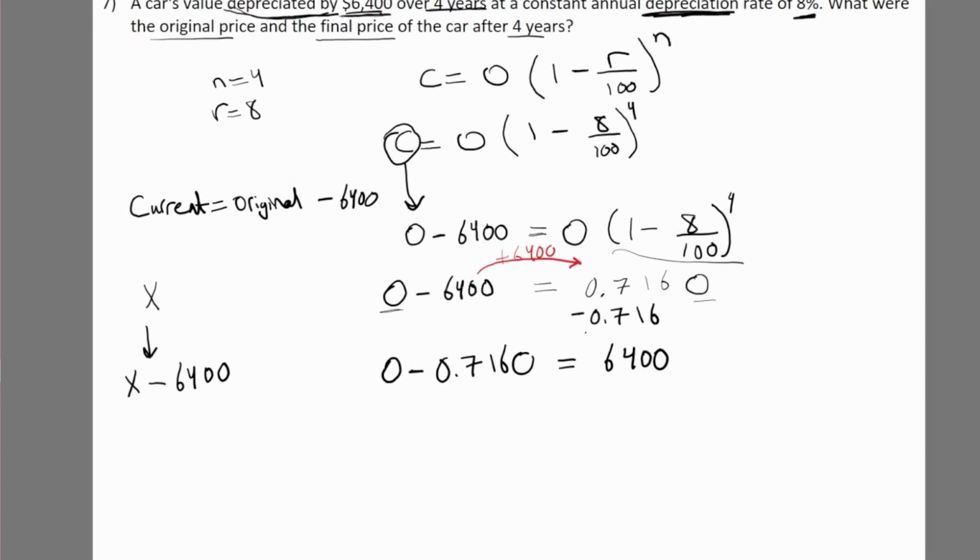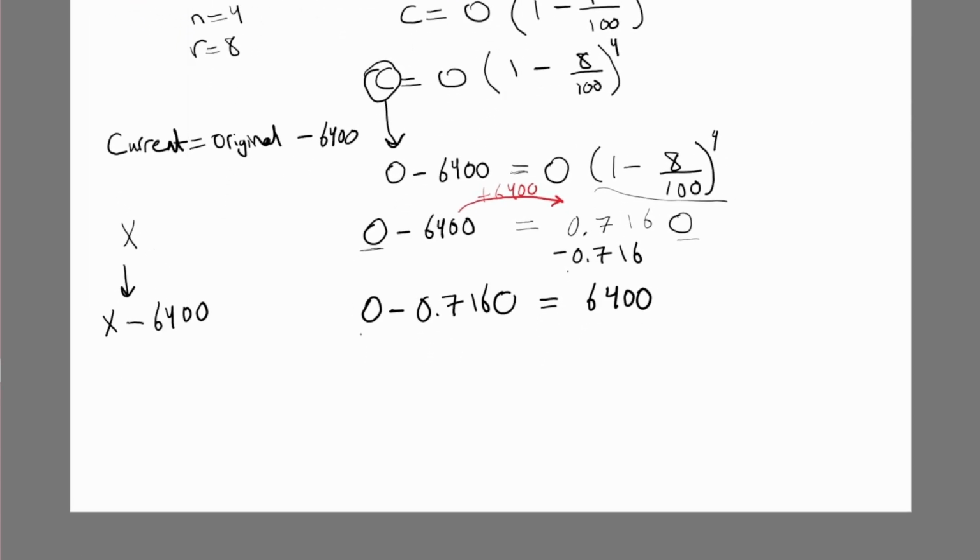6,400. Okay. Now, the way to evaluate this is to simply go on the calculator and type 1 minus your answer, where the answer should be the accurate version of 0.716 with a bunch of decimals.